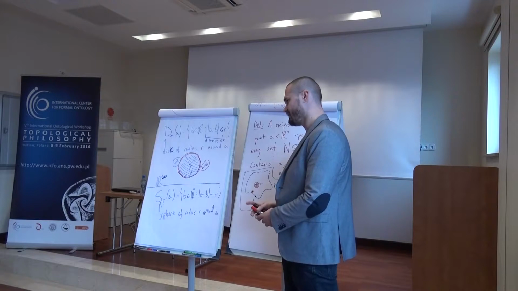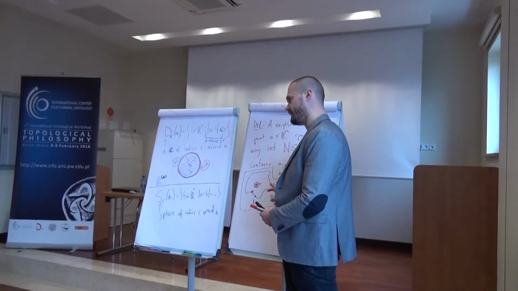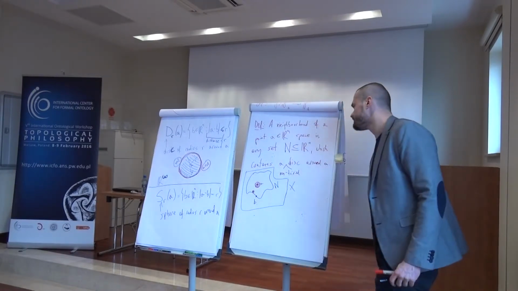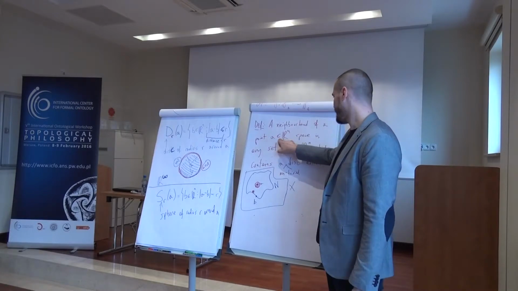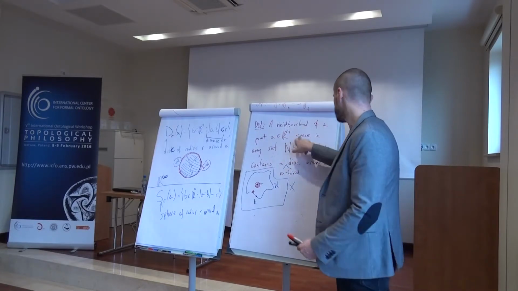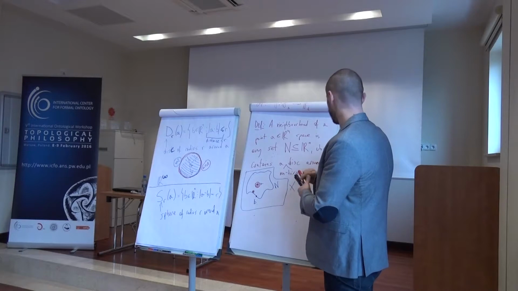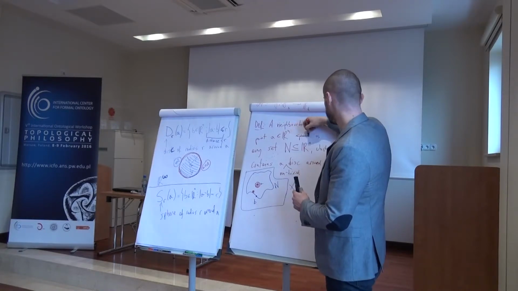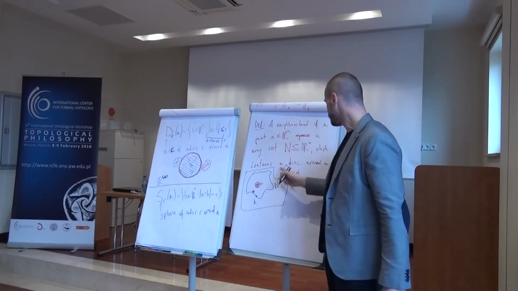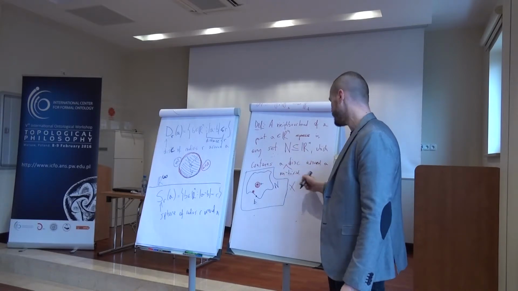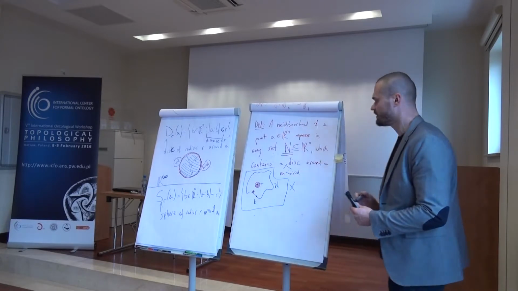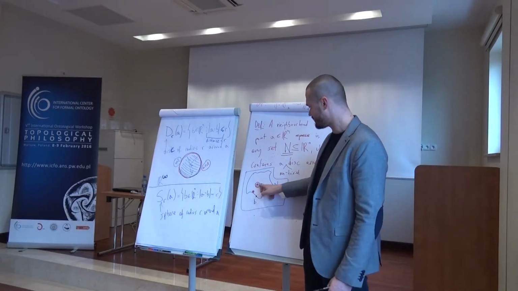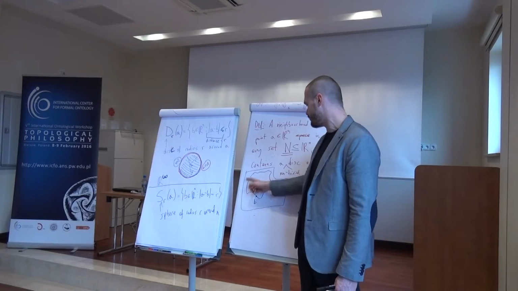So is N the neighborhood of A, or is the disk around A the neighborhood? N is the neighborhood. So a neighborhood of a point A is any set N which contains a disk around A. So you have A, you have a disk around A, and then it means N is a neighborhood.